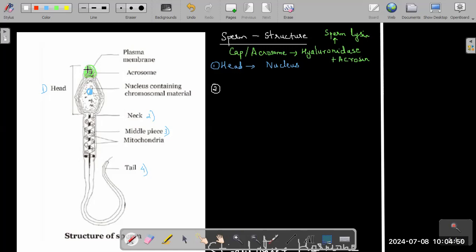So above the head is the acrosome, which is also called the cap, and this acrosome is filled with enzymes. The names of the enzymes are hyaluronidase and acrosin. See anything with the suffix ase? Usually those are enzymes. Here acrosin has no suffix ase, but this is also an enzyme.